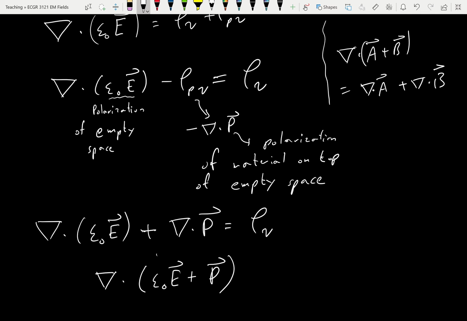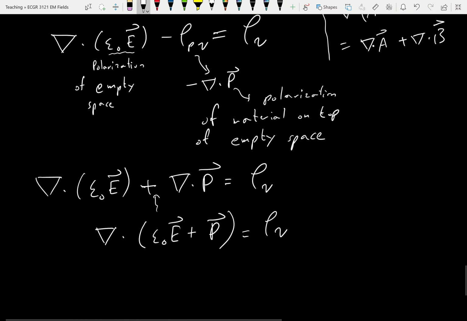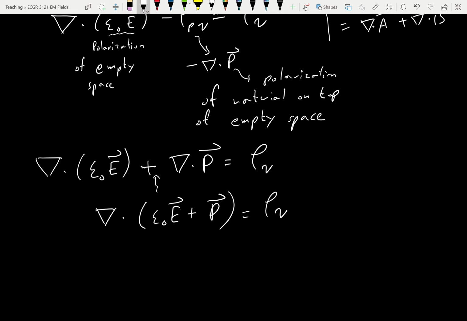This factors into those up here, equals rho V. Now this whole thing in here is the D vector, the flux density, when there's a material with a certain polarization that exists on top of free space. Right? So this is the D vector for a general material, general dielectric material.